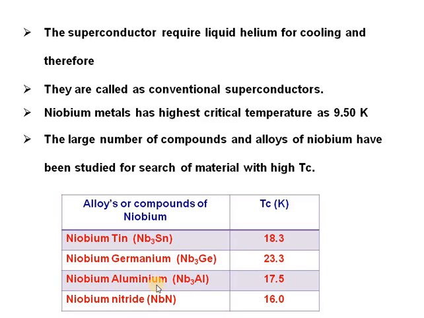Similarly, niobium aluminium has 17.5 Kelvin, and niobium nitride has 16.0 Kelvin. So these are the critical temperature values for these niobium alloys.